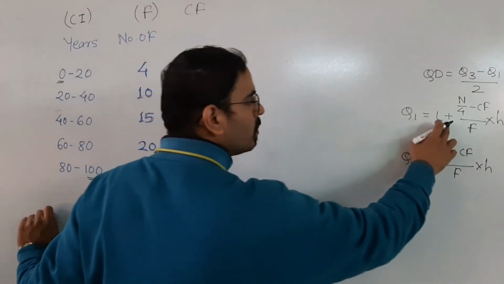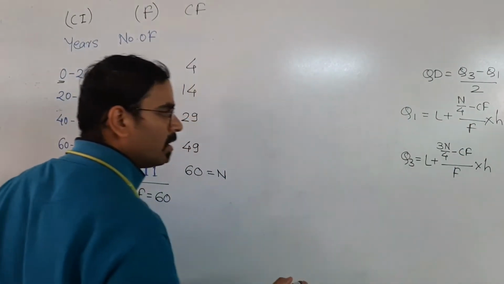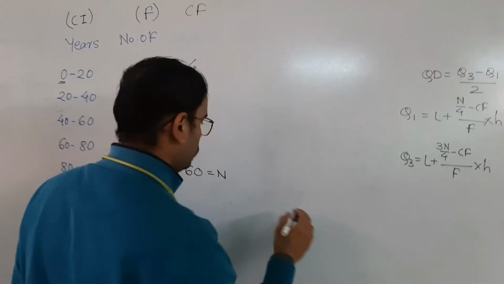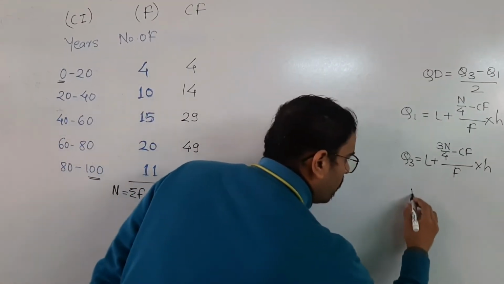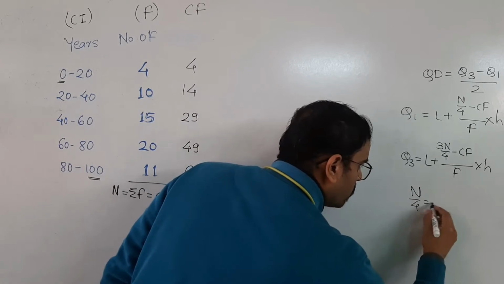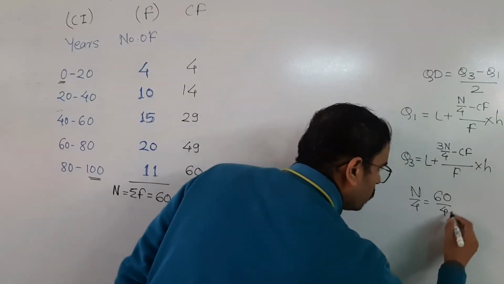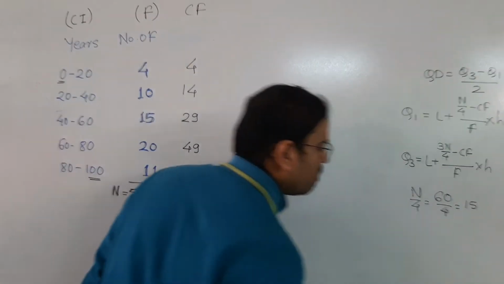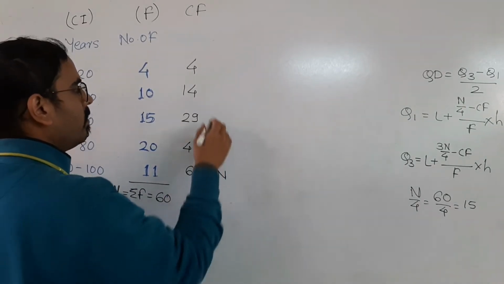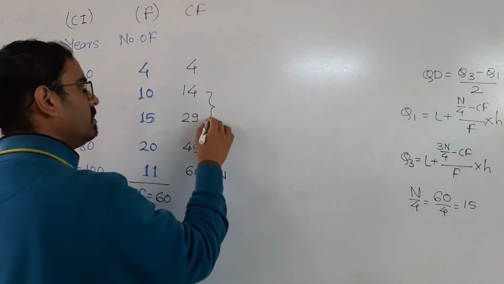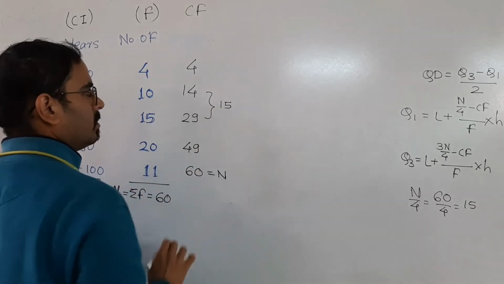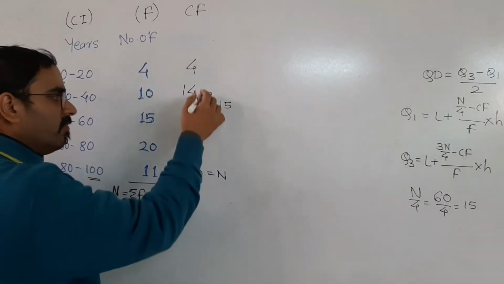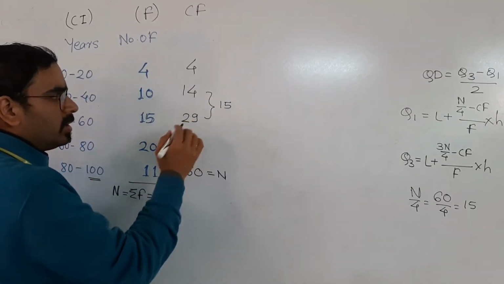So for finding Q1, we need N by 4. N by 4 means 60 divided by 4, that will be 15. Look here, where is 15? 15 is in between those two terms.